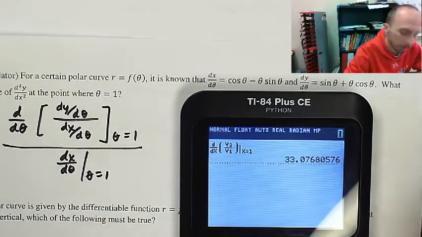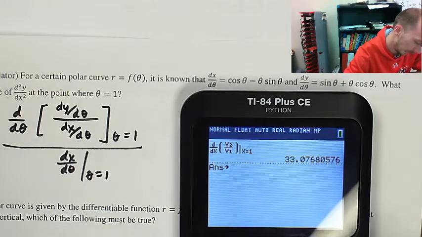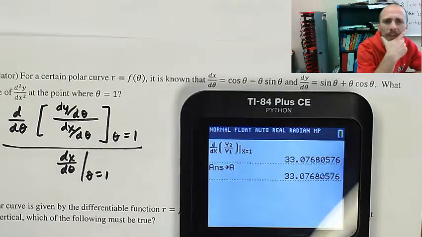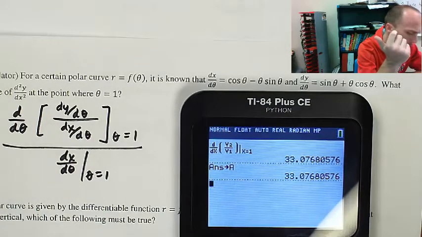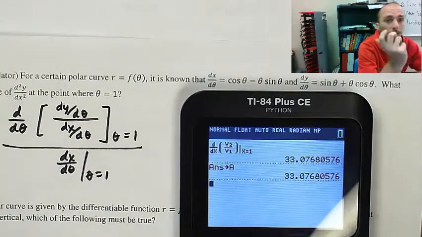I'm going to get that. Then I'm going to divide that. Actually, maybe I'll just store that number into A. I know that's really paranoid, but I realized I made an error in the previous homework solutions video where I was using y1 multiplying, and I didn't put y1 in parentheses, and I'd never known that was an issue.